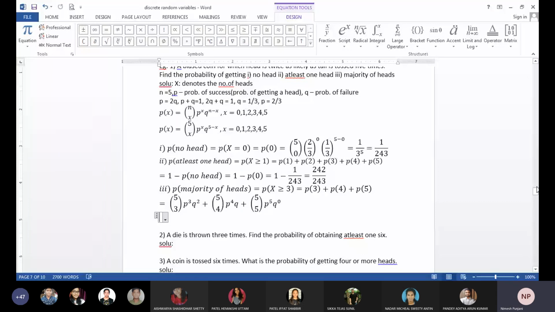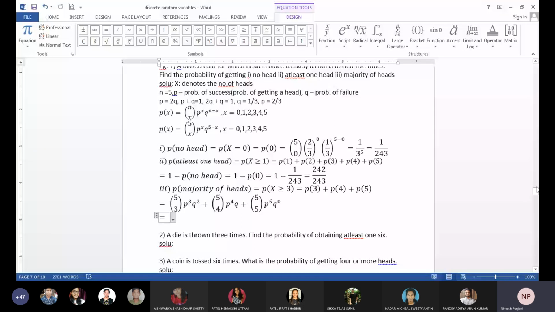Now what is the value of 5C3? Calculate and tell me first. I had also given you Pascal's triangle. 10. Okay. 5 factorial over 3 factorial 2 factorial, that is 20 over 2, 10.